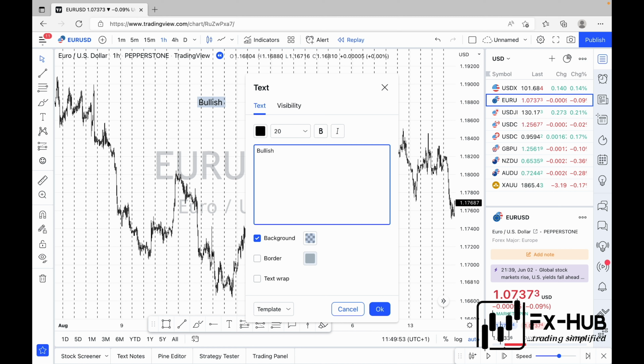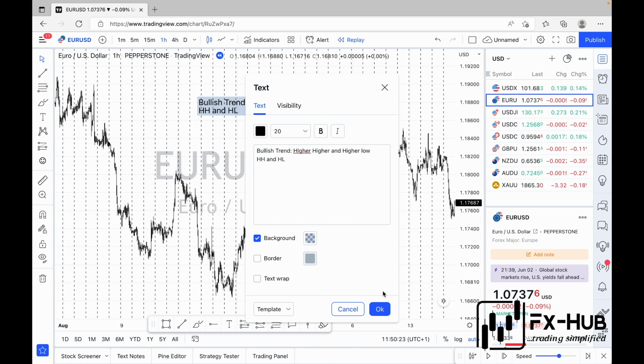In a bullish trend, you notice higher high and higher low, which we'll refer to as HH and HL.